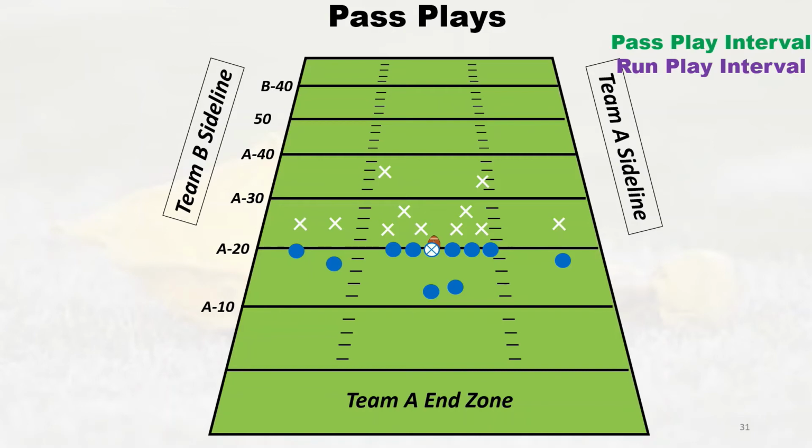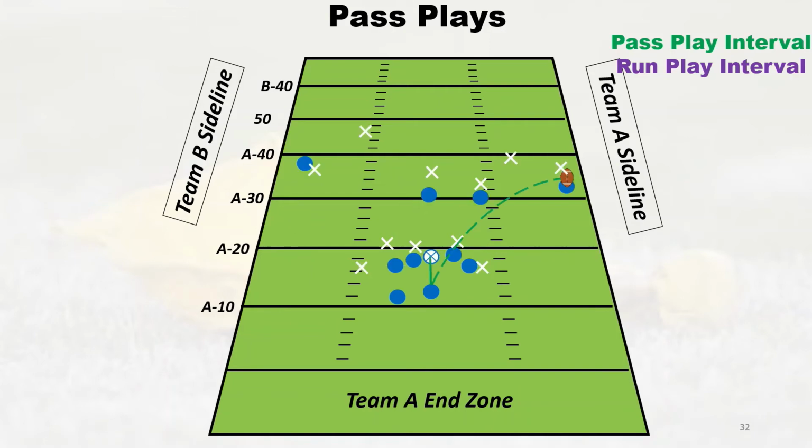So let's dig into some pass plays and subsequent runs that occur after the pass. I have a pass play diagram here. The quarterback drops back, takes the shotgun snap, and he throws it out 10, 15 yards downfield. It's caught in the flat.